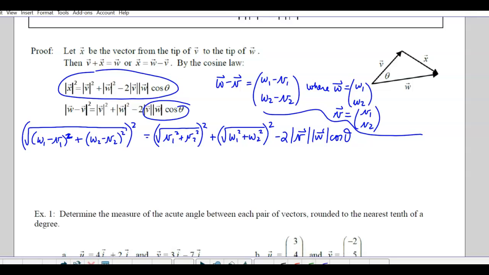We're going to need to expand out these brackets. Okay, so the root sign goes away. Squaring that is going to be w1 squared minus 2w1 v1 plus v1 squared, and w2 squared minus 2w2 v2 plus v2 squared.